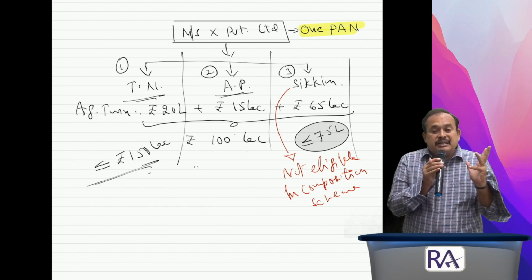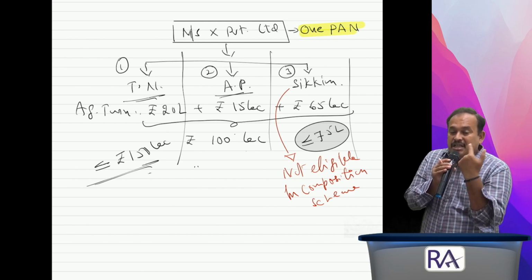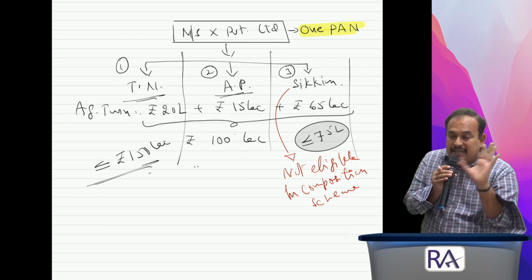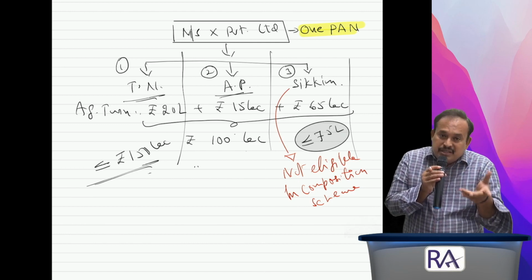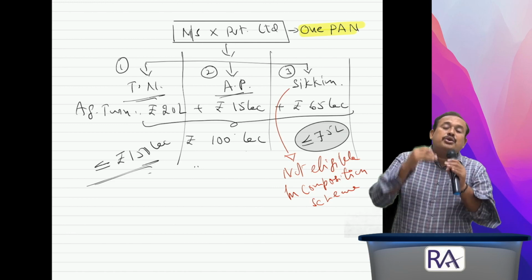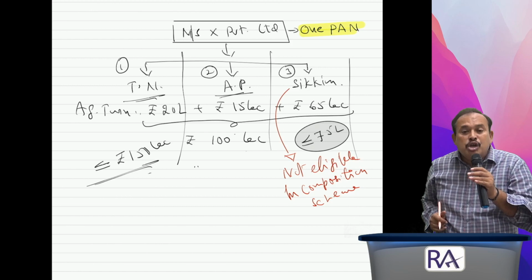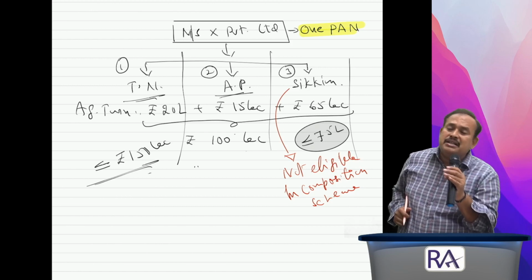Here the law of the land says that, hey Mr. X Private Limited, if you are disqualified in one particular state or UT to go for composition scheme, you are disqualified in the rest of the states or UT also. You cannot have the option for one state composition scheme, another state normal scheme.